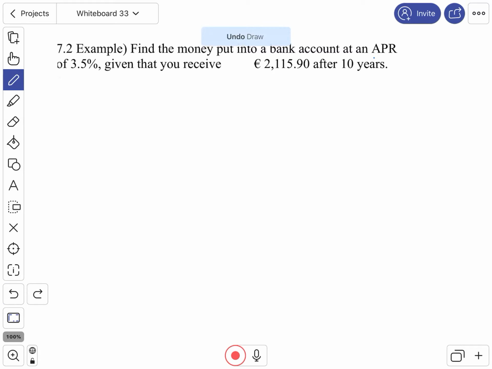If I write out all of these different things, this is my interest, my 3.5%. I have to write that as a decimal, and it's 0.035. Again, you can check 3.5 over 100, press the SD button, it'll tell you the same thing. It's saying find the money you put into the bank account given that you receive a certain amount. That's the money that I get at the end, so that's my final amount of 2115.90.